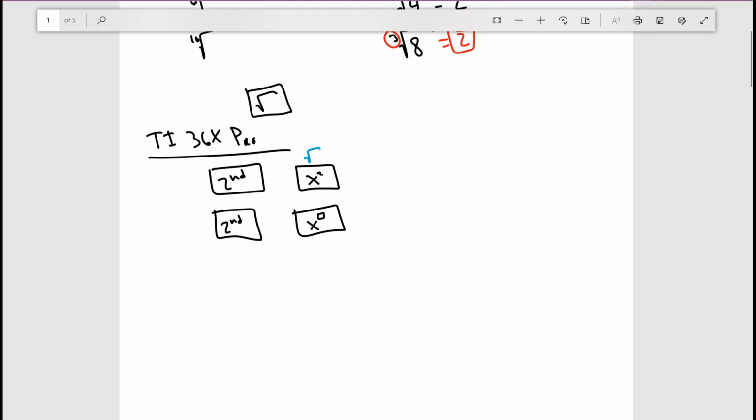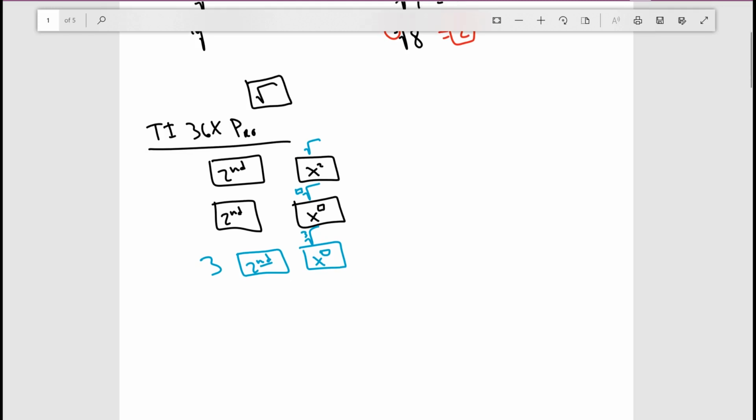So if you want to do a cubed root, the first thing that you're gonna do is you're gonna press the number 3. So press 3, then you're gonna press second, and then you're gonna press X with a little box, and you'll see that that's going to give you the cubed root, and you can do any root that you want. That's for the TI-36. The TI-30 is very similar as well.